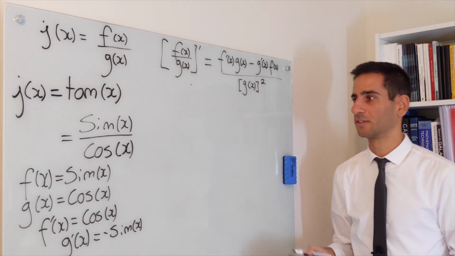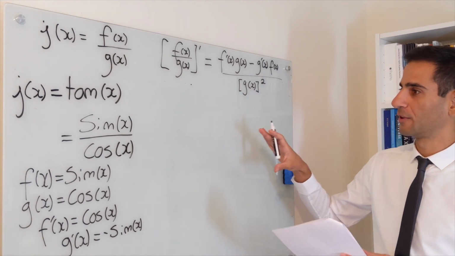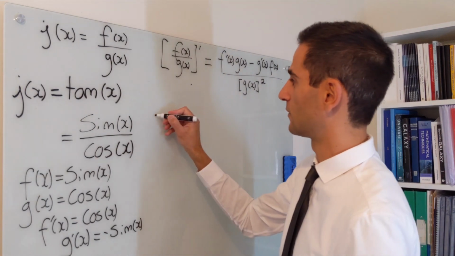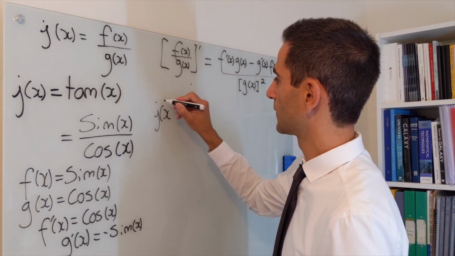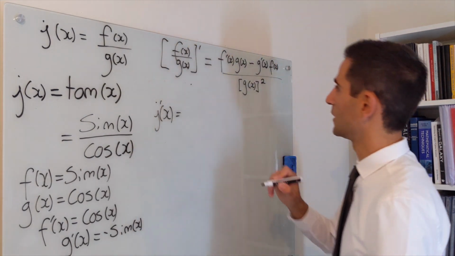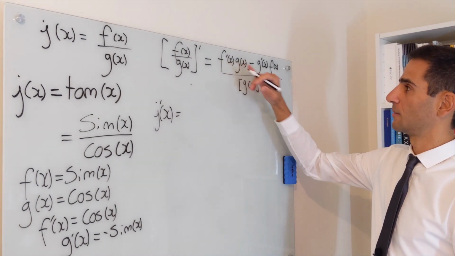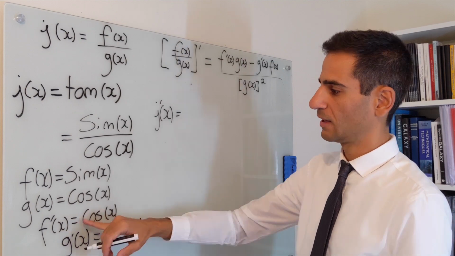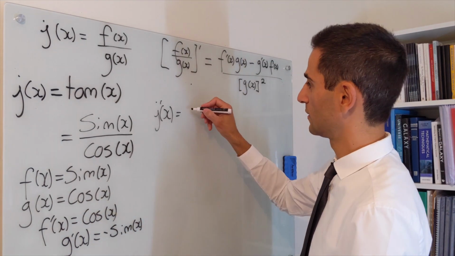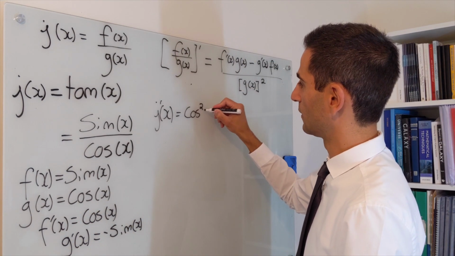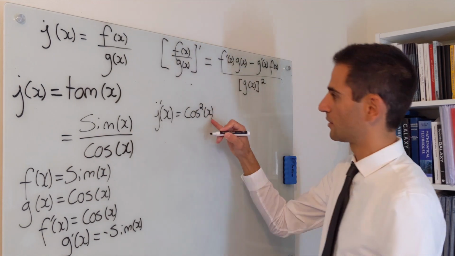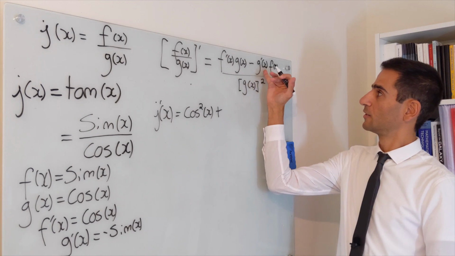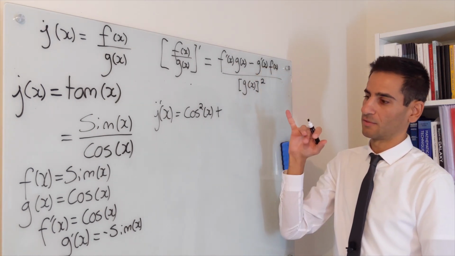Looks like it works. So we now have proper space to write the solution, which means we can write that the derivative of j of x is equal to the derivative of f of x times g of x. We look here, this is the derivative, and we're going to times it by cos of x. We end up getting cos of x squared, and then we need the derivative of g of x times f of x.